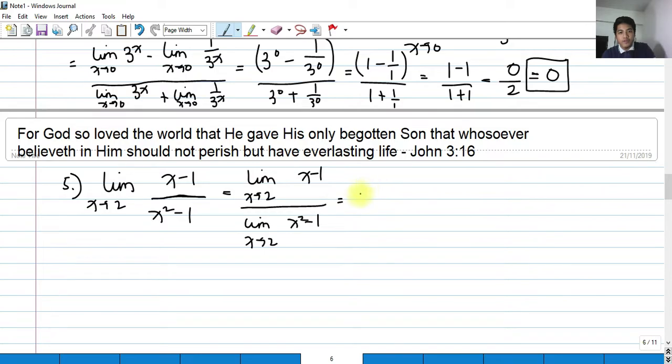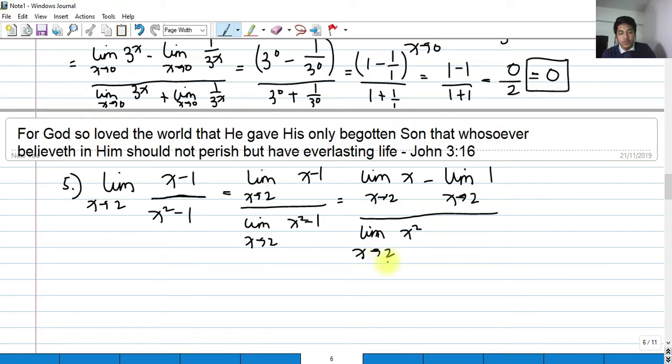By properties, we can rewrite this as the limit of x as x approaches 2 minus the limit of 1 as x approaches 2, over the limit of x squared as x approaches 2 minus the limit of 1 as x approaches 2.